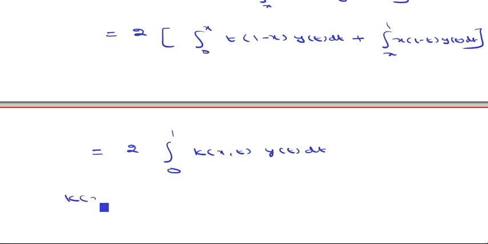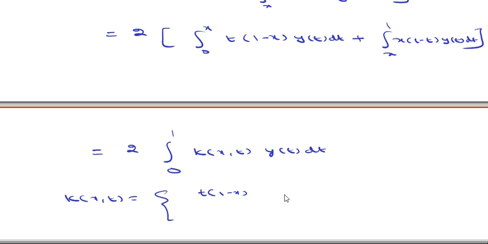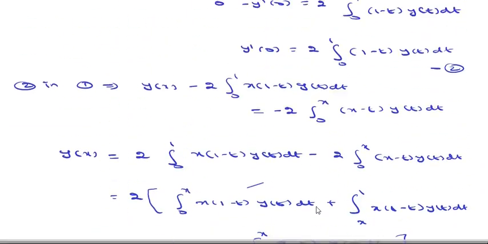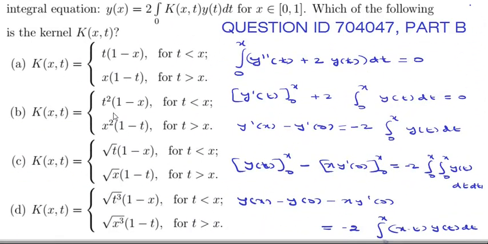So what is k? k is the kernel: t times 1 minus x when t lies between 0 and x, and x times 1 minus t when t lies between x and 1. So now we can check the correct options. According to our answer, option A is correct, so the rest of the options are wrong.